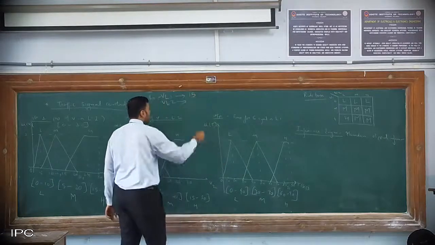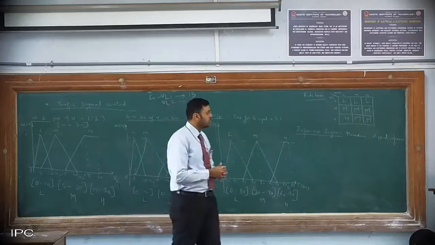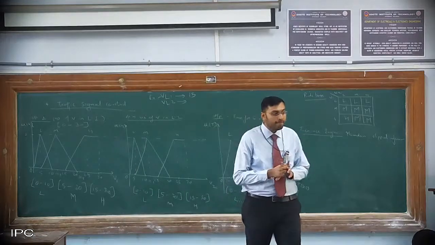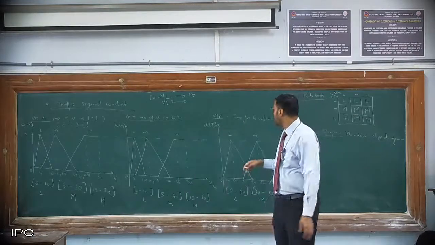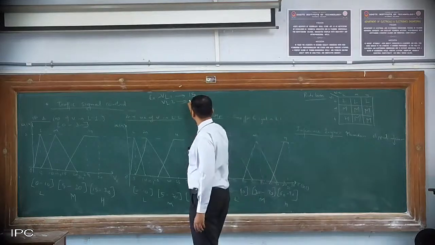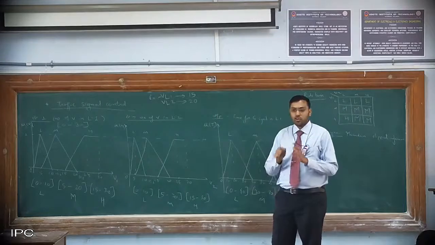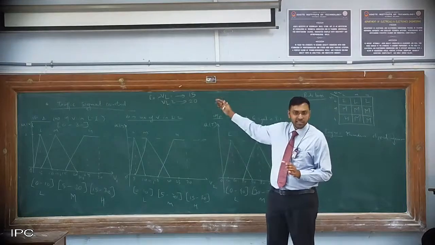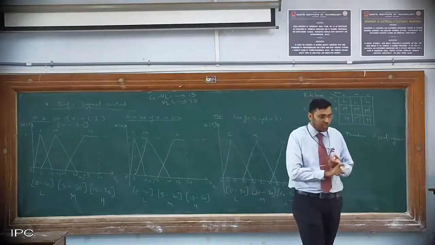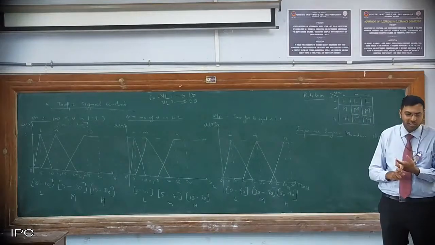Number of vehicles in lane 2? 20. Fine. Everybody please stop writing and look. So we have taken this example. Number of vehicles in lane 1 is 15. Number of vehicles in lane 2 is 20.